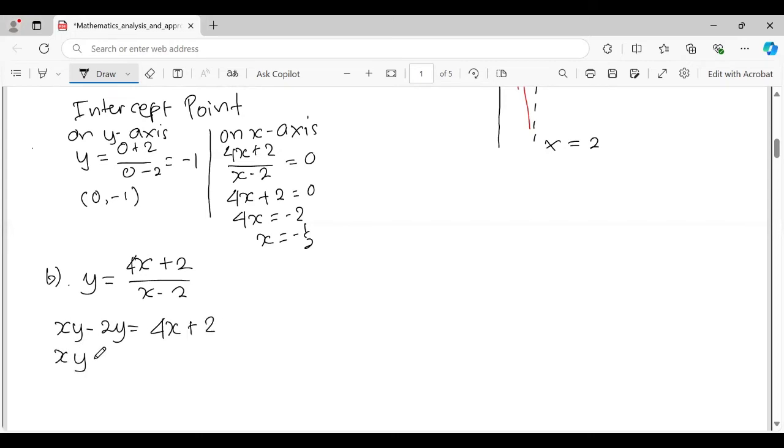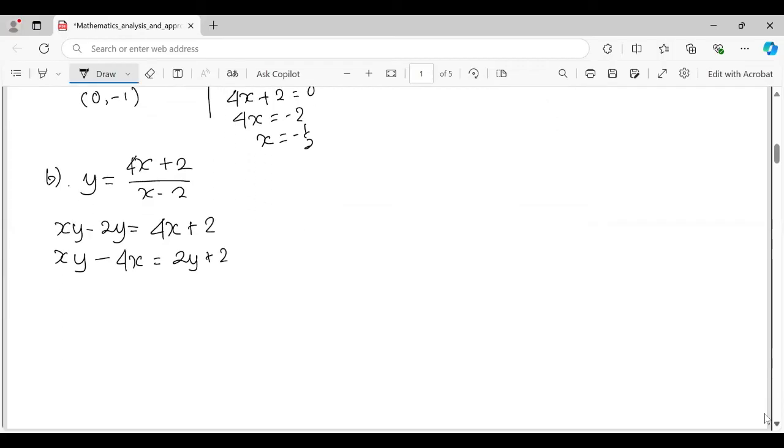And xy minus 4x equals 2y plus 2. Factorize: x(y minus 4) equals 2y plus 2. So x equals (2y plus 2) over (y minus 4).